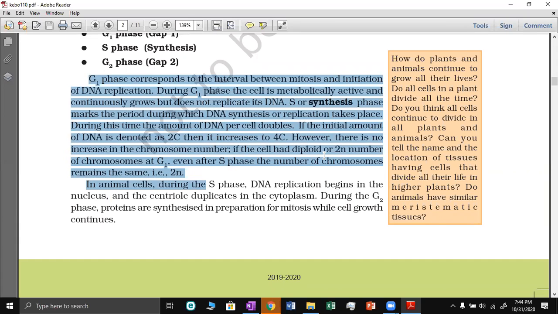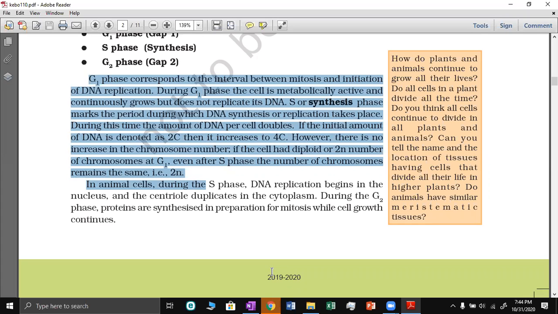Based on this, many questions are asked for the NEET exam, that is the medical entrance exam. What is the DNA content in G1? It will be 2C. But after the S phase, the DNA content becomes double. So in the S phase and the G2 phase, the DNA content is 4C.